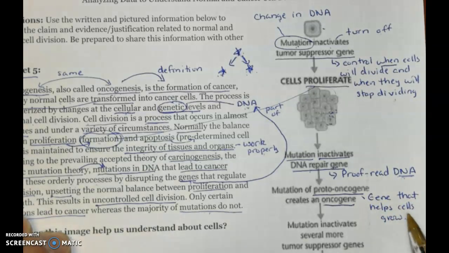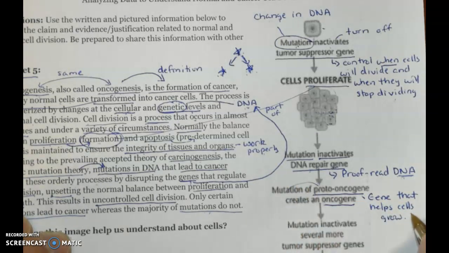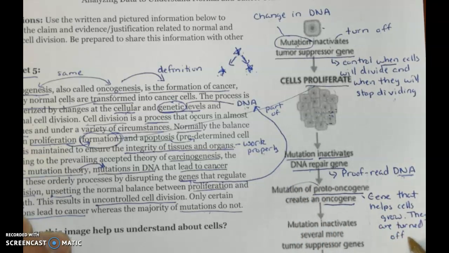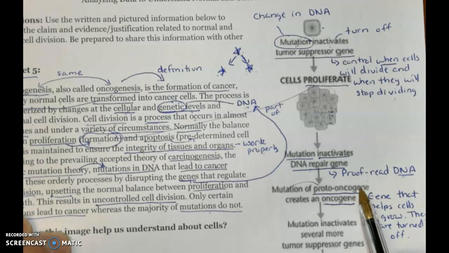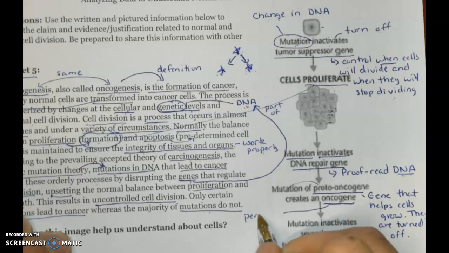Just like us, cells have a lifespan, they are born small and they get larger in size. So these genes, the mutation, they are turned off. They no longer function. When these genes are changed, they form oncogenes, which are now permanently turned on.